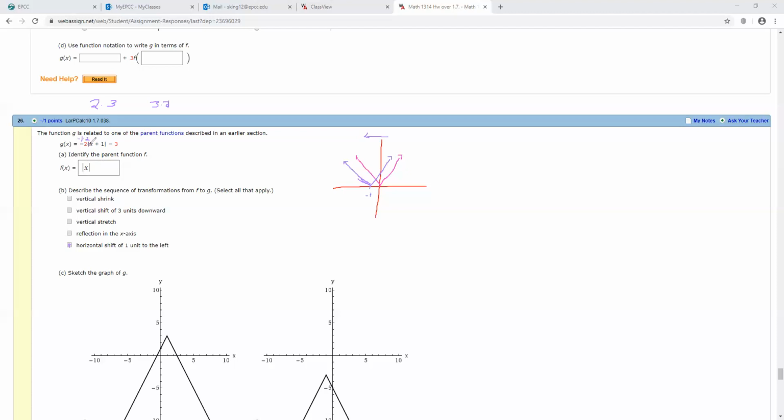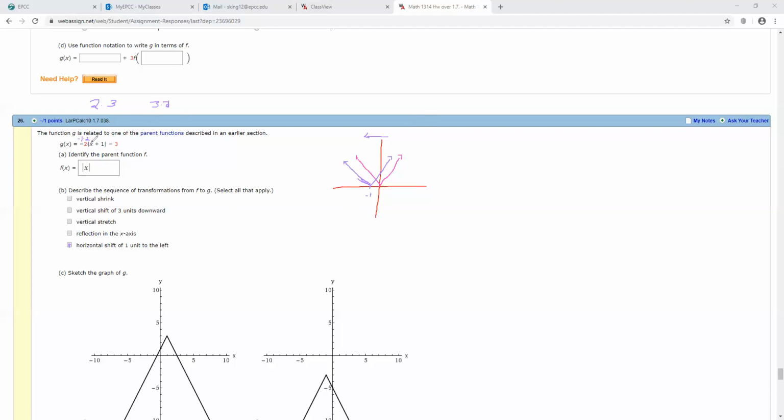If it's outside the function and we have a dilating effect, then it's a vertical dilation, and vertical is up and down, and that means either shrinking closer to the x-axis or the points stretch further away from the x-axis.